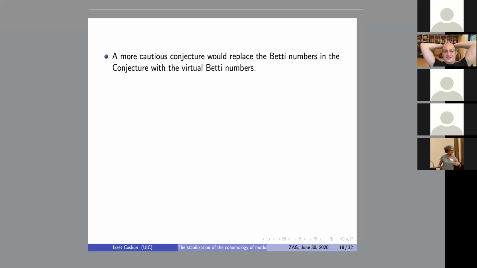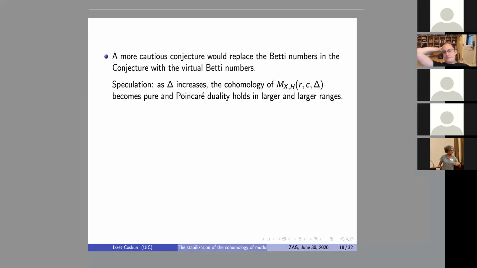So I told you some remarks and some history, but once you make a conjecture, you should also be a little bit cautious about it. Perhaps a more cautious conjecture would be to replace the Betti numbers with virtual Betti numbers. Part of the trouble here is that our evidence for this conjecture, in case the moduli spaces are singular, is not so good.